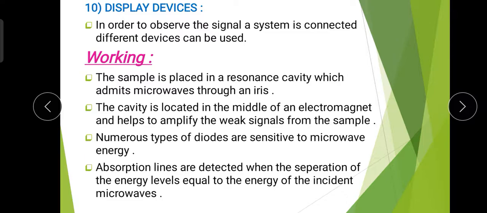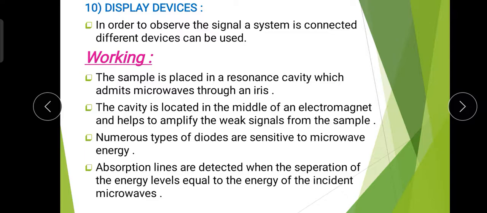The absorption lines are detected when the separation of the energy levels equals the energy of the incident microwaves. As we already mentioned in our previous video, when a molecule or a compound or a sample is placed in a magnetic field, then there is a splitting of the energy level according to the Zeeman effect.